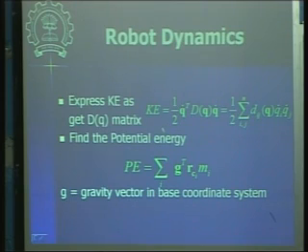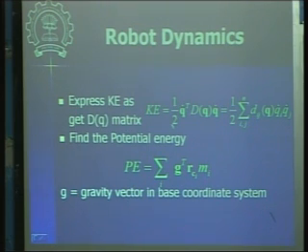But since this is the energy, whether you express omega in the link reference frame or in the base reference frame, it is going to remain the same. So since omega I is measured in the link reference frame, you have to multiply it by this R matrix. This is a rotation matrix transforming from base to the link reference frame. Next we'll move to the next step to express this kinetic energy in this form. Now remember that this is the total kinetic energy.